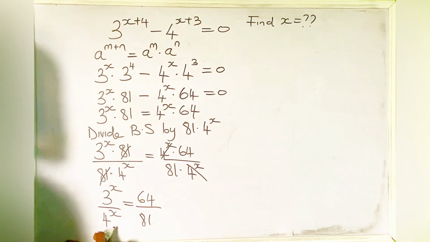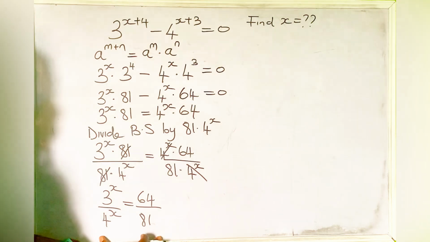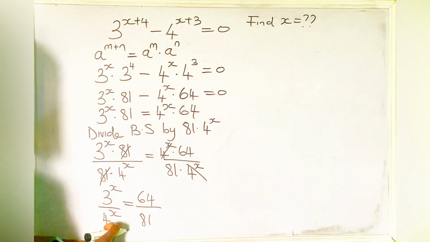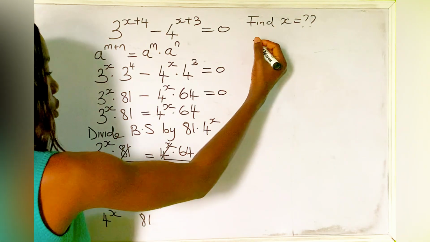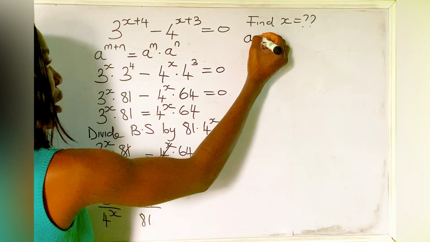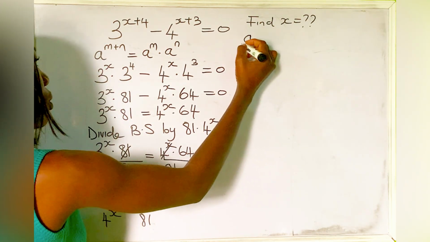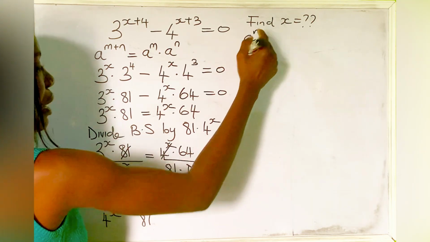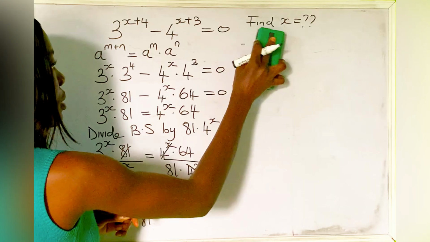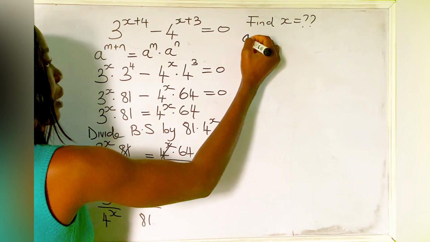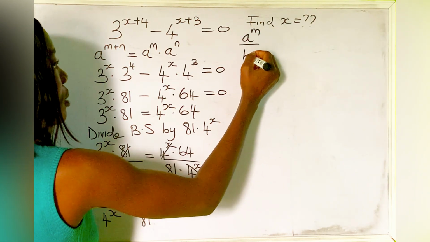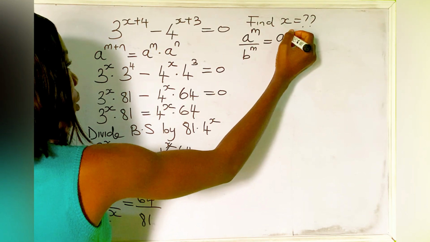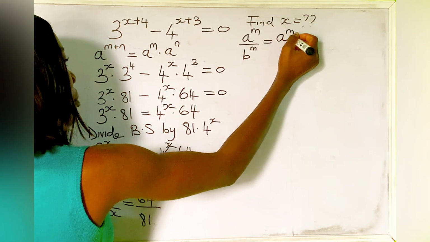Now we are looking for the value of x. We're going to apply this rule, where a to the power of m over b to the power of m is the same thing as a over b, all to the power of m.